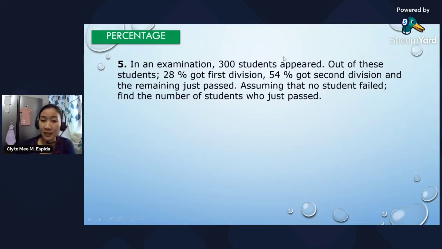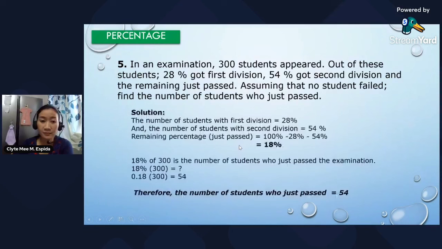So, ito, ang gagawin natin dito, we're going to add 28, yung first division natin at saka second division. So, 28 plus 54, that is 82. So, 82% yung nasa first at nasa second division. So, ilang percentage yung pumasa lang?